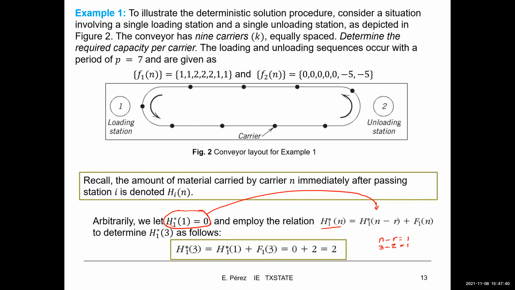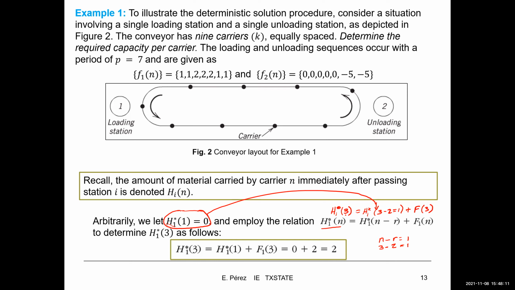So that tells me that the next h star that I'm going to find is going to belong to h of 3. So h1 star of 3 minus 2, which is equal to 1, plus f of 3 equals h1 star of 3.